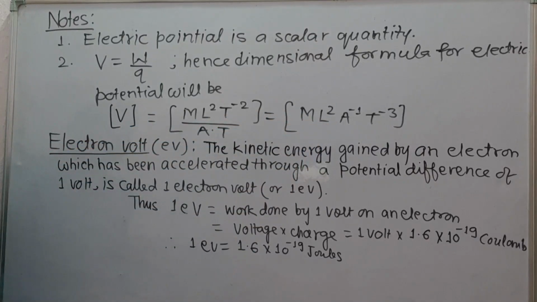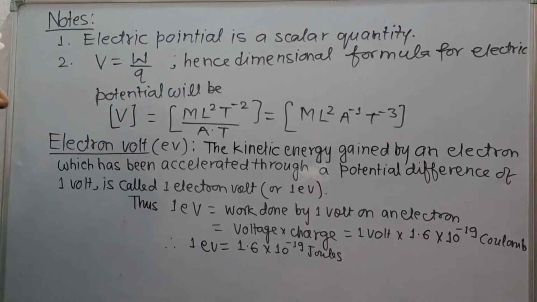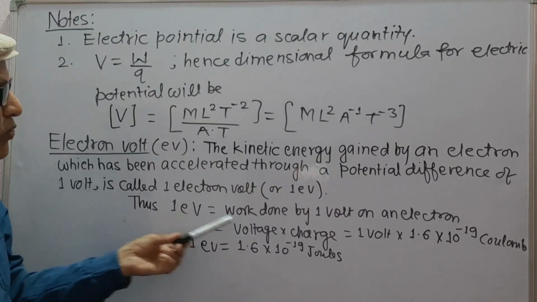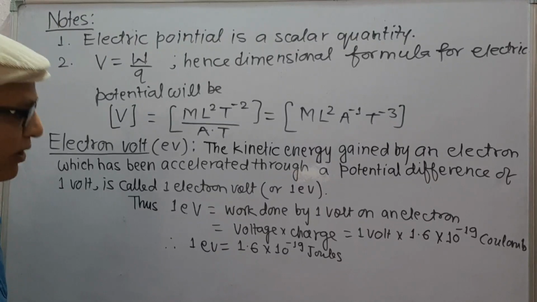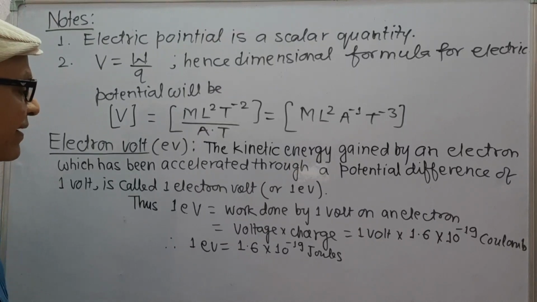Now we take 1 electron volt, which is also known as 1 eV. The kinetic energy gained by an electron which has been accelerated through a potential difference of 1 volt is called 1 electron volt or 1 eV. Thus, 1 eV will be equal to the work done by 1 volt potential difference on 1 electron.